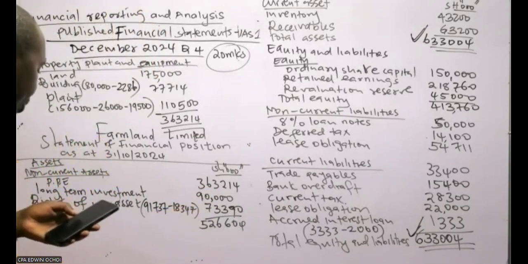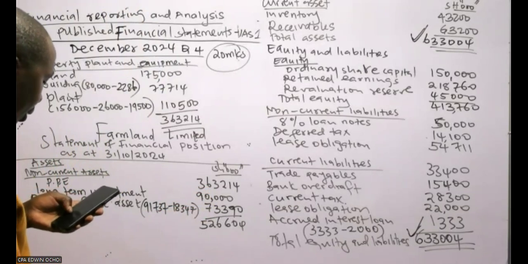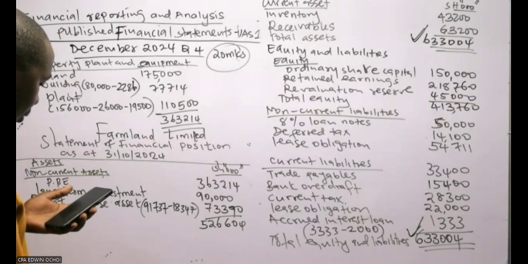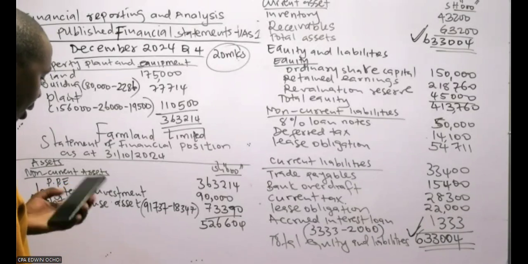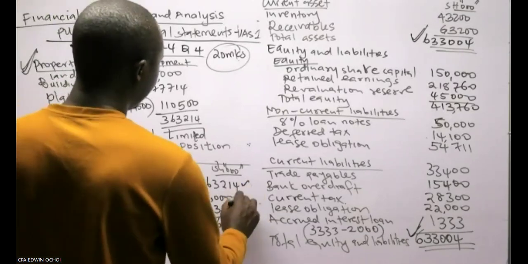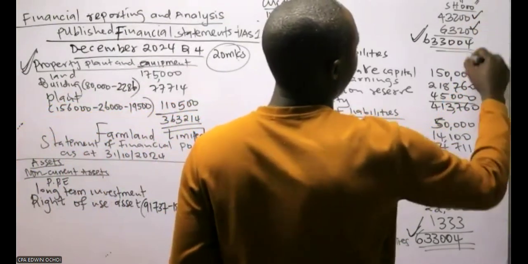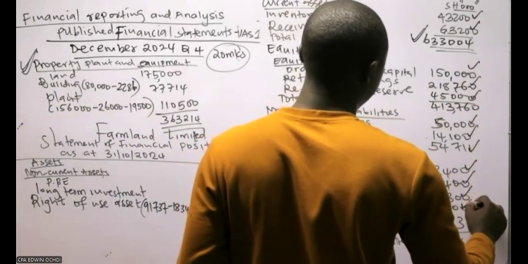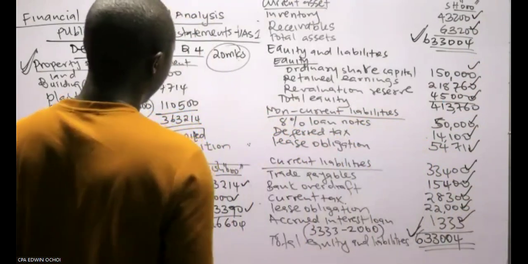For this statement of financial position, it was marked this way. Question number 4, statement of financial position. They were marking any 8 at once. 1, 2, 3, up to 16, so that's 16 entries, any 8.